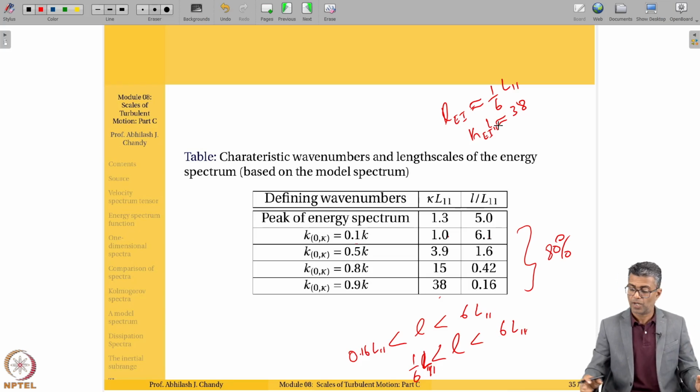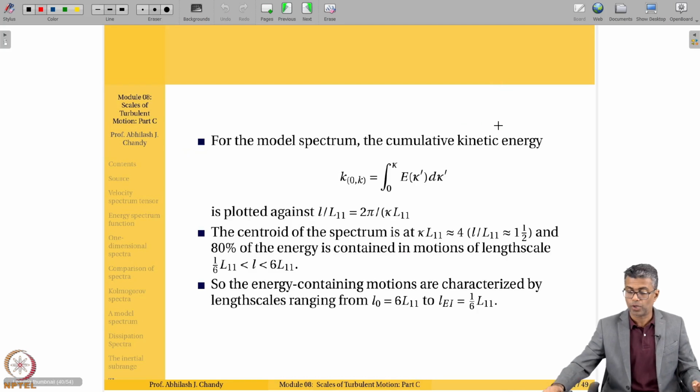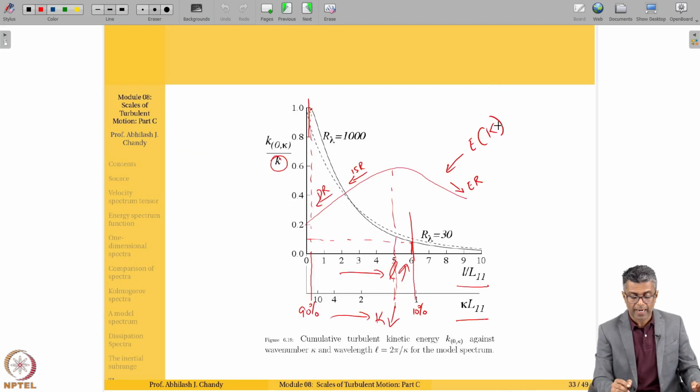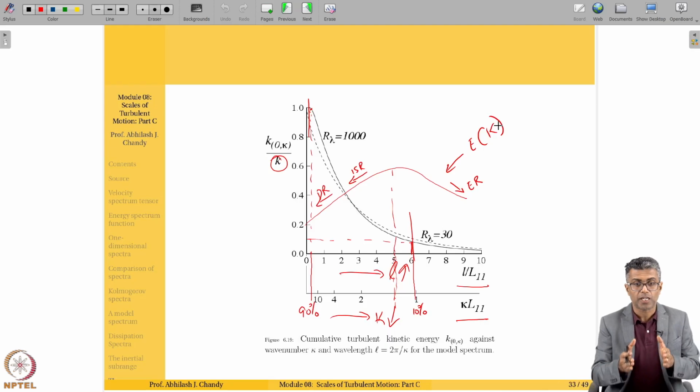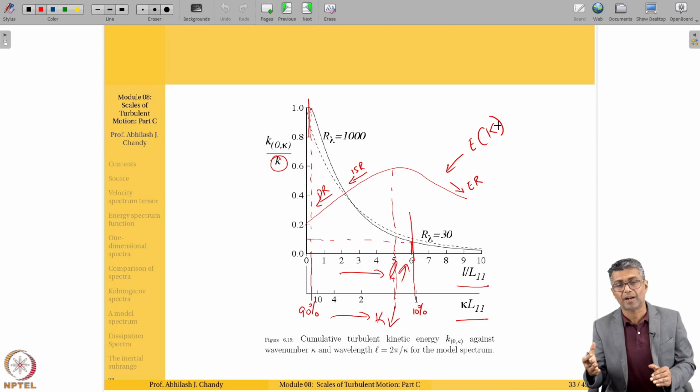So that is what we have shown through this plot, that the turbulent kinetic energy is mostly contained in this range. Beyond that, the energy is negligible.